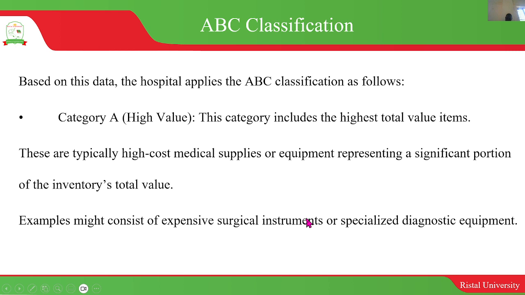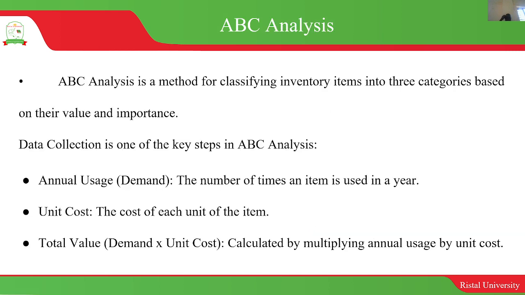Now let's look at the ABC analysis. We said the ABC analysis is a method to classify inventory items into three categories based on their value and importance. So in this system, we could classify all the inventory we have. Like if this is a warehouse, or perhaps our pharmacy with the drugs, we look at what are the most important drugs that we should always have.